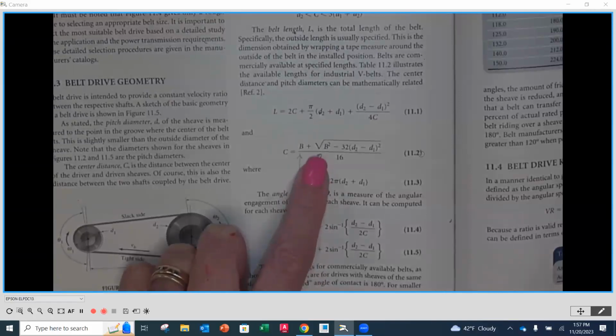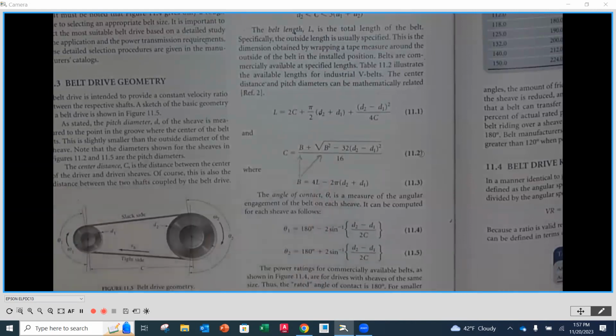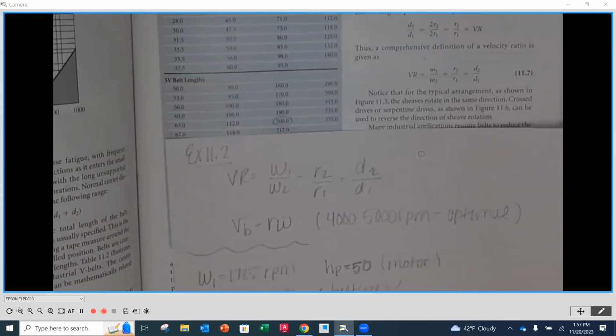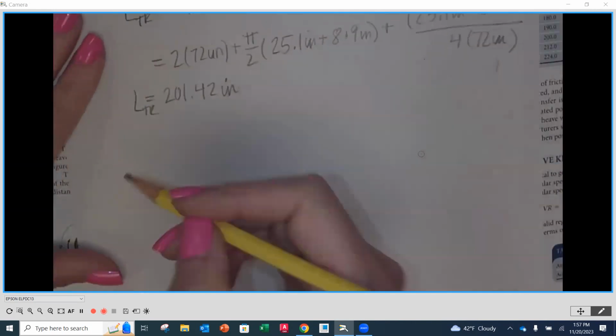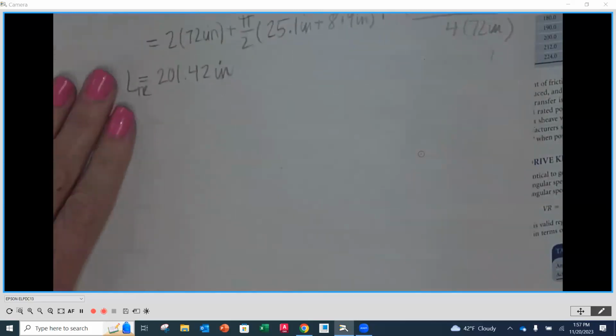And then once you get your B, you're going to plug it back up into that equation. Correct, Table 11.2, so right there, and you're going to be in the 5V section.